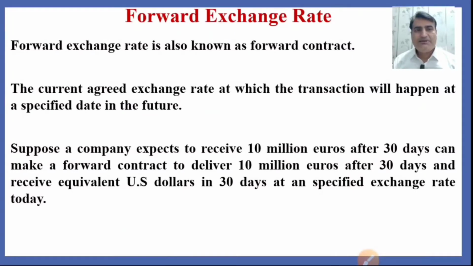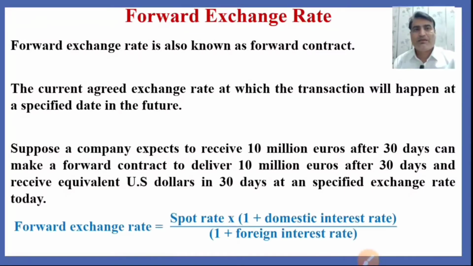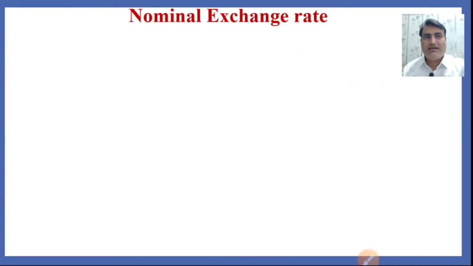Suppose a company expects to receive 10 million euros after 30 days, it can make a forward contract to deliver 10 million euros after 30 days and receive the equivalent US dollars in 30 days at a specified exchange rate today. So this is called forward exchange rate or forward contract. Forward exchange rate is equal to spot rate multiplied by (1 plus domestic interest rate) divided by (1 plus foreign interest rate).